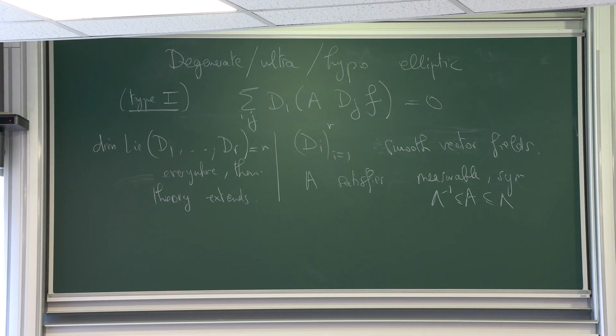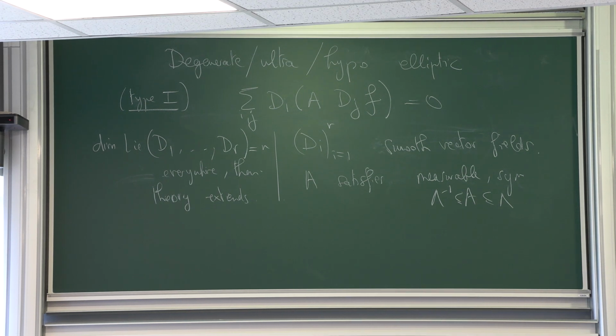So this class of equations can be useful, for instance, in sub-Riemannian geometry. So operators writing like sum of second order terms where you have good commutator conditions on the vector fields.